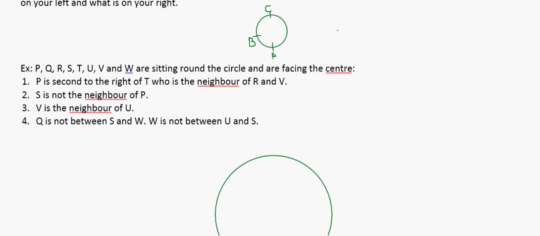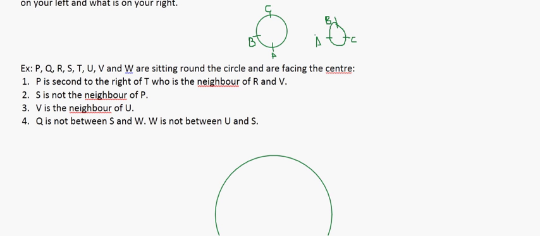This can be one arrangement, or it can be A is here, B is here, and C is here, right? So they are equivalent arrangements. A here, B here, and C here. So these are equivalent arrangements. We don't fix positions in circular arrangement questions, right?